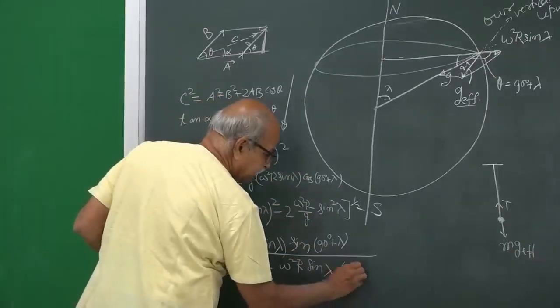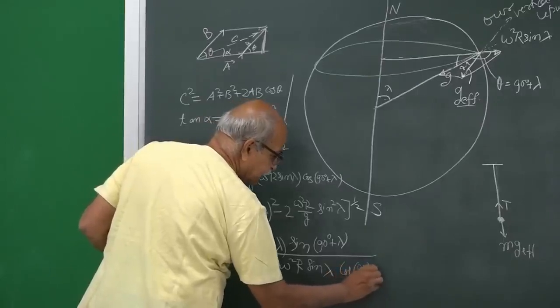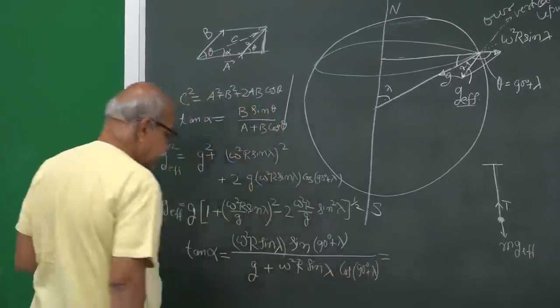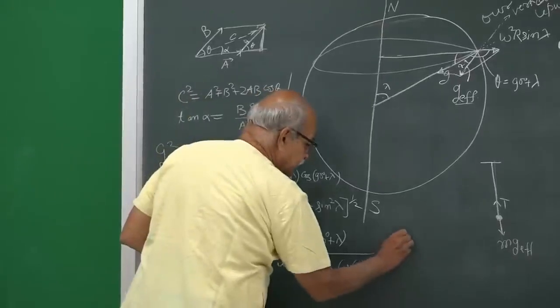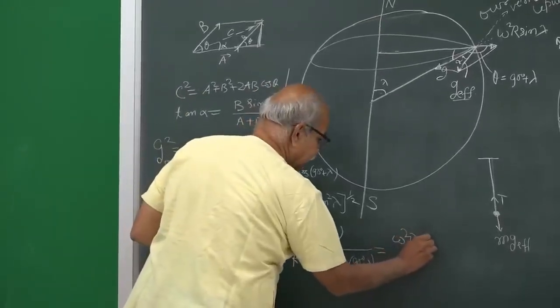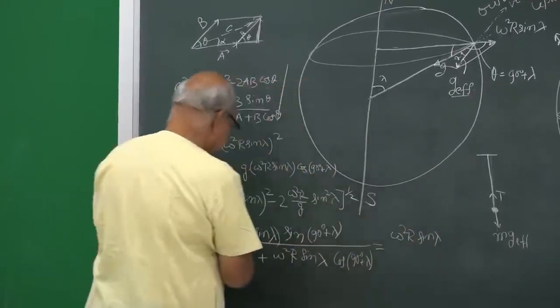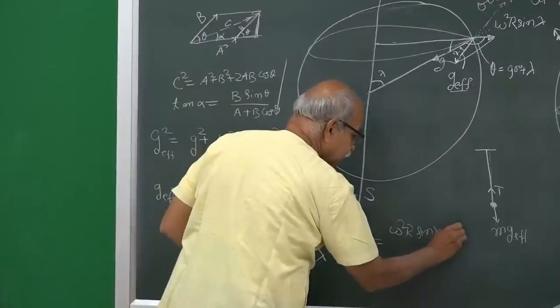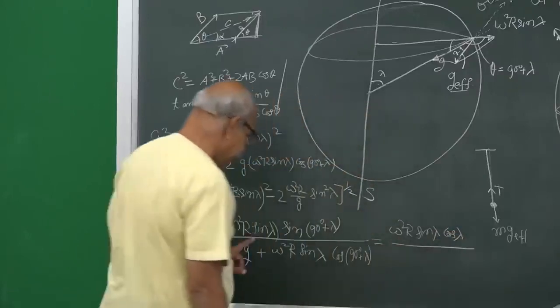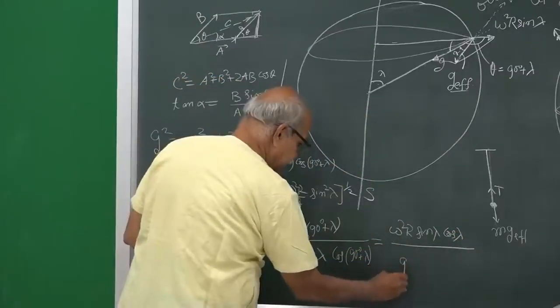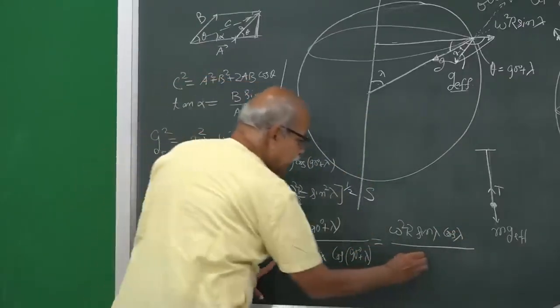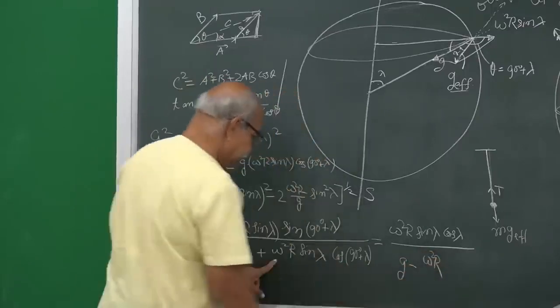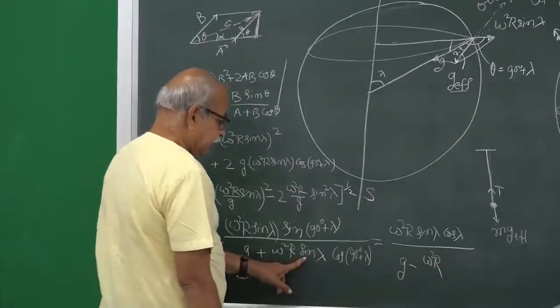So, cos of 90 degrees plus lambda, this will be omega square r sin lambda, cos lambda divided by, and then this quantity G minus omega square r and then sin square lambda.